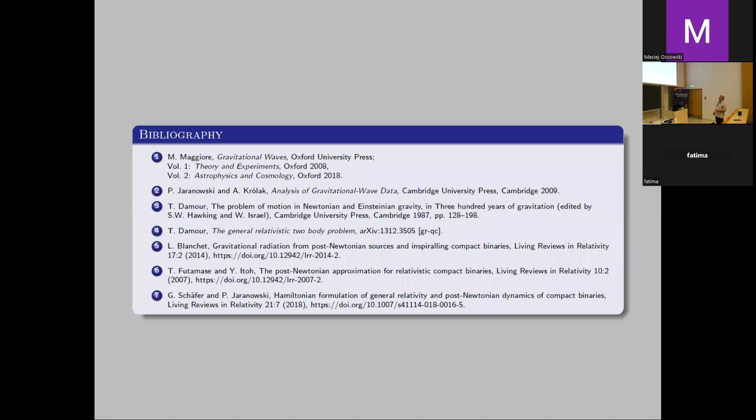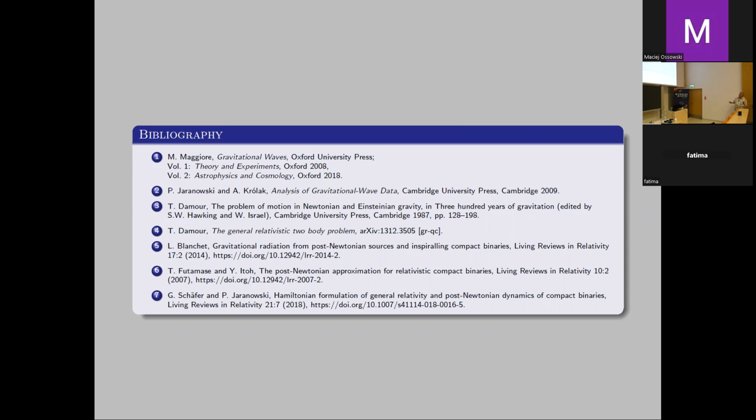And a few words about the general bibliography, and then I think we can make a 5 minute break. Let me start from the extant book by Maggiore, a very useful and very complete book, Gravitational Waves, in 2 volumes. Then there is a book by Jaranowski and myself about gravitational wave data analysis, but in some introductory chapters, you have an introduction to the two-body problem as well.